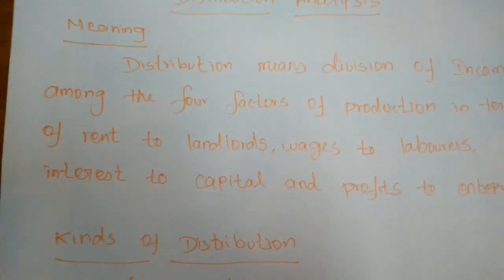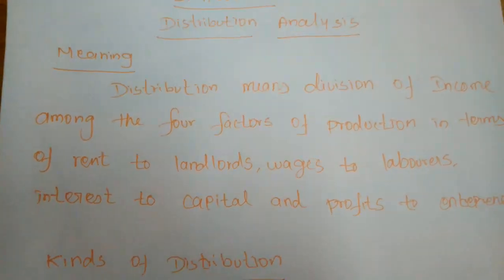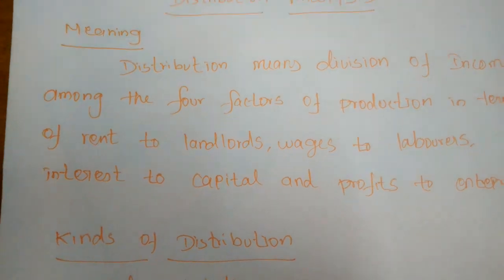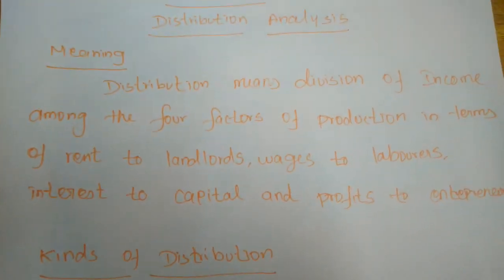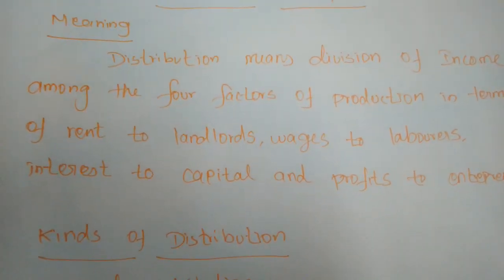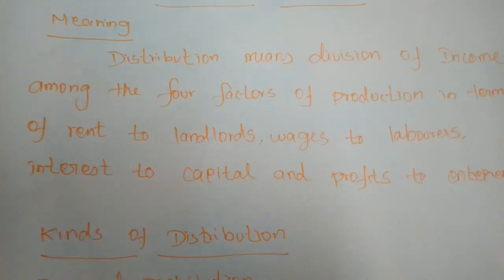But how the price for a factor of production is determined is explained by distribution analysis. So this theory is also called functional distribution. On the basis of the function of the factors of production, their prices will be determined.